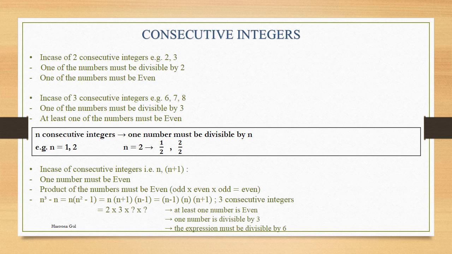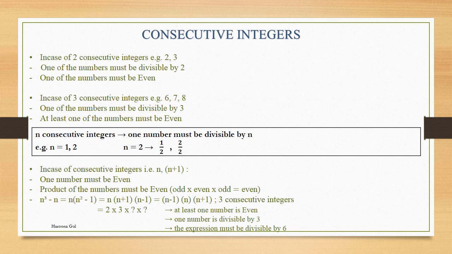In case of consecutive integers, that is n plus 1, one number must be even. The product of the numbers must be even, that is odd into even into odd is equal to even, as we have already discussed in the multiplicative property of integers.